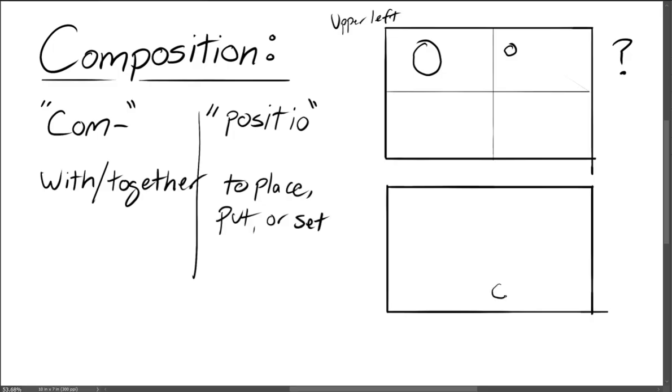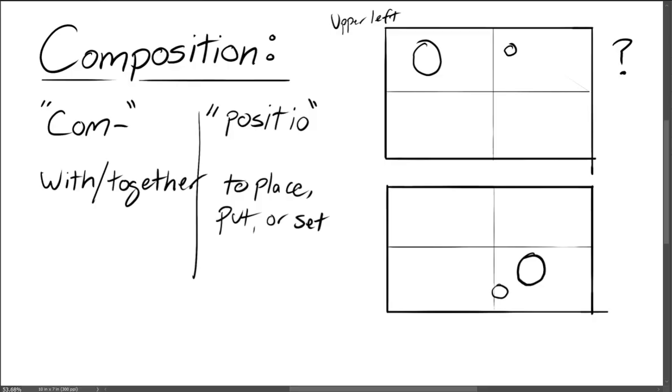Let's put in a couple of other circles. Let's redraw that one. So we've got two more circles that have been placed within this frame. One of these is around the halfway mark, and both of them are in the lower half of the composition within this frame of the box.